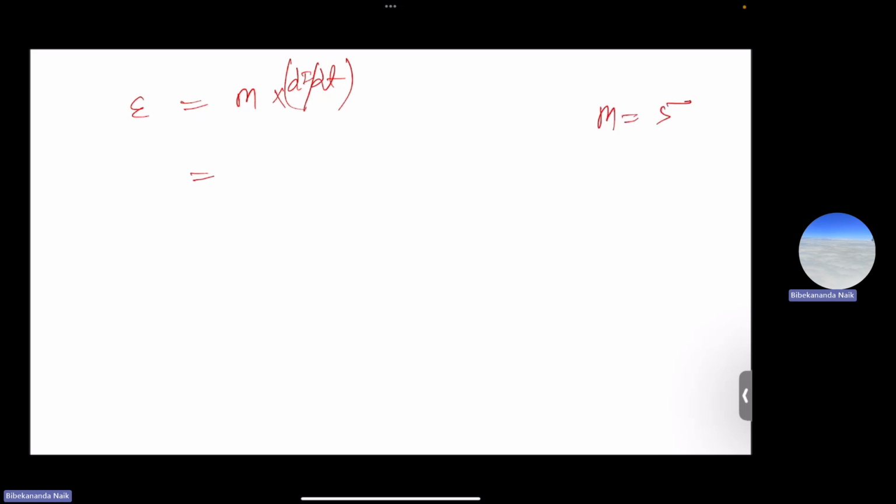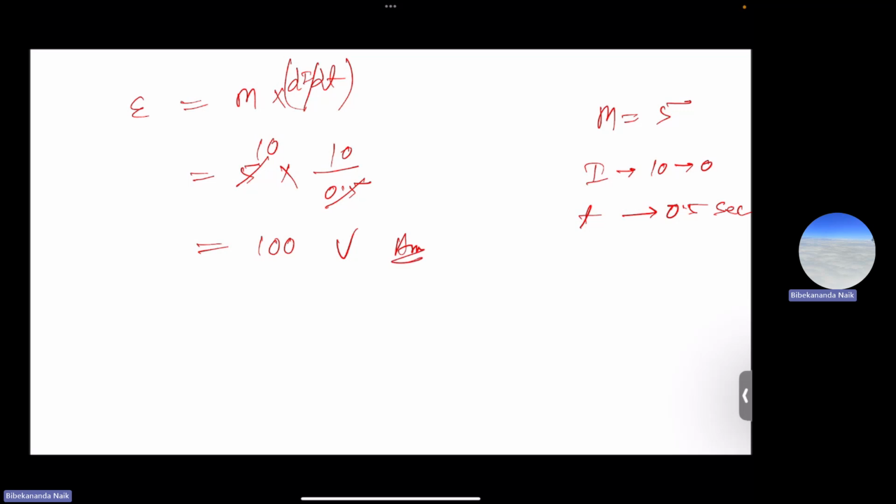So M is 5 and current changes from 10 to 0 in a time period of 0.5 seconds. So it is 5 into 10 divided by 0.5, so it is 100 volt.